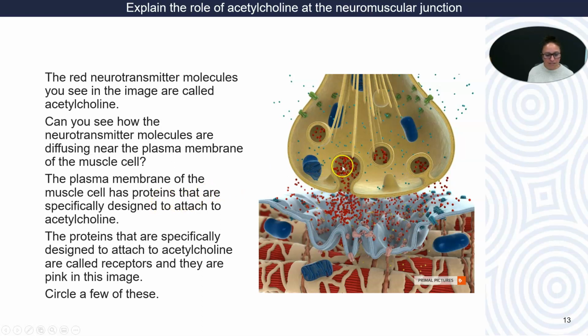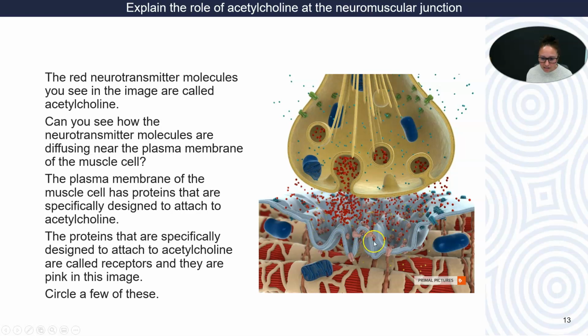Now, let's see what happens when acetylcholine ends up in the gap between the motor neuron and the muscle cell. Okay? Can you see here that there are little pink structures?